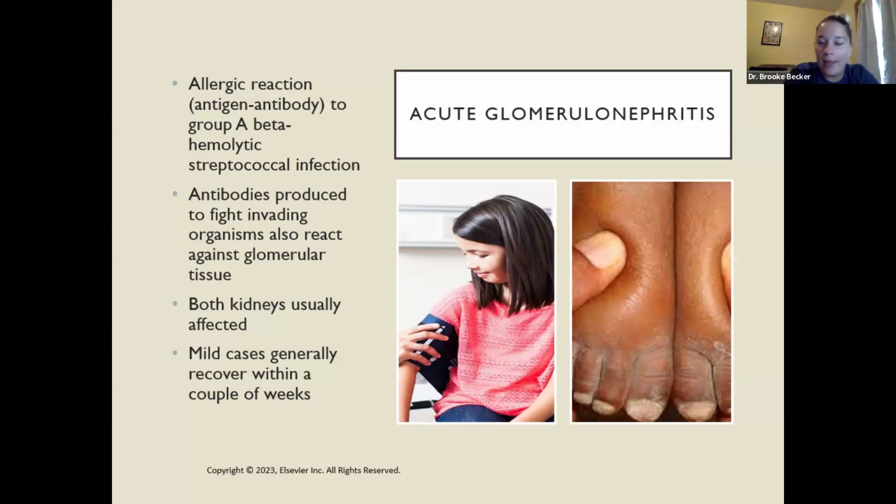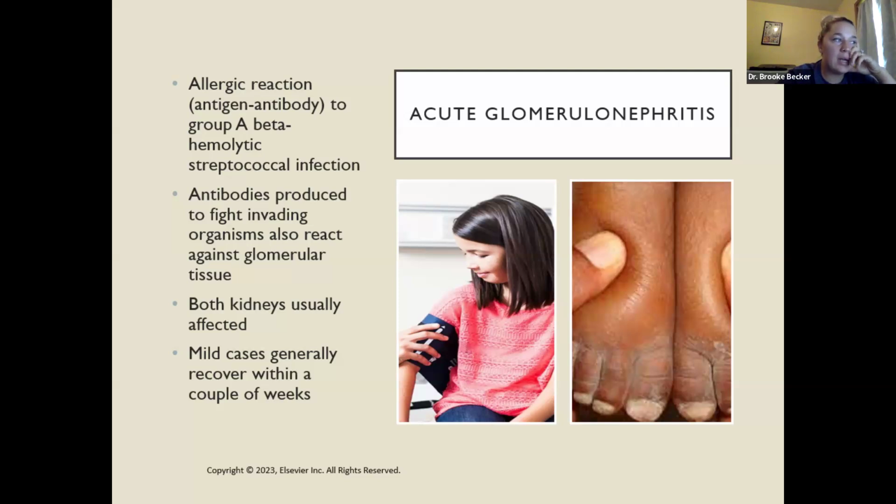Well, then they have an antibody antigen reaction, which is somewhat a form of an allergic reaction. Not like anaphylaxis, okay, but it's another immune reaction, okay? And what happens is those antibodies then start fighting the glomerular tissue in the kidneys. They start thinking that that's the infection.